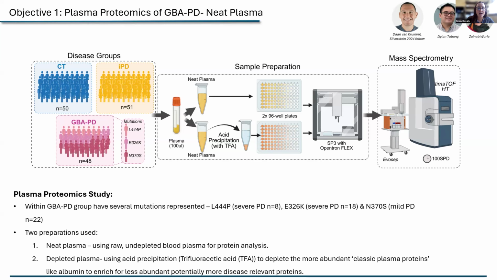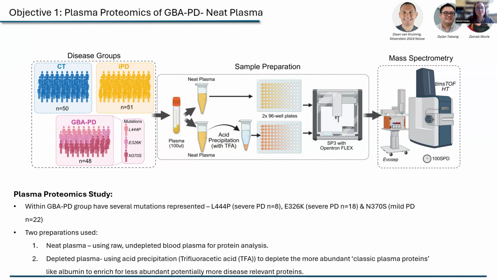For our overall plasma proteomics pipeline in the STEAM Lab, we have 2 different methods of sample preparation, both neat plasma and depletion. The neat plasma is using just the raw undepleted blood plasma for protein analysis, while the depleted plasma is using an acid precipitation to deplete the more abundant classical plasma proteins for more potentially disease-relevant proteins.